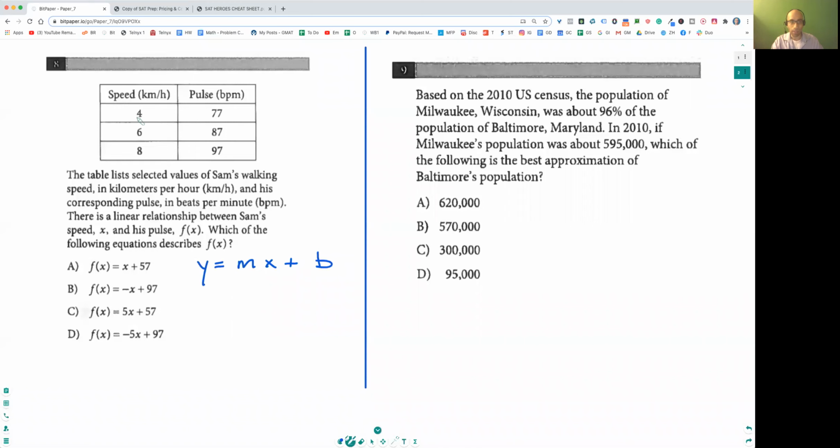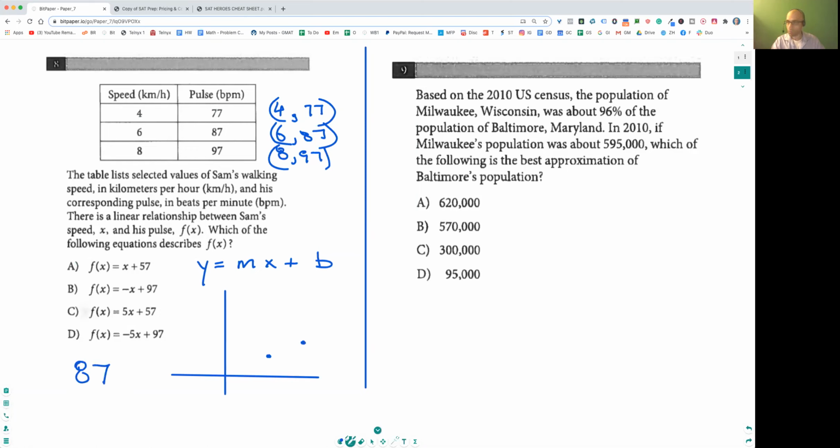Think about these as points here: 477, 687, and 897. Now think about these points on a graph. 477 is here, 687 is here. So all you need is the rise over the run, so that's going to be 87.